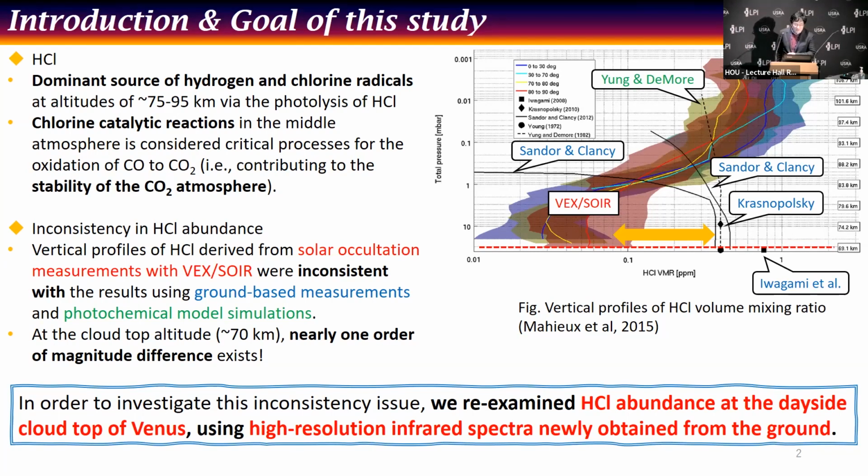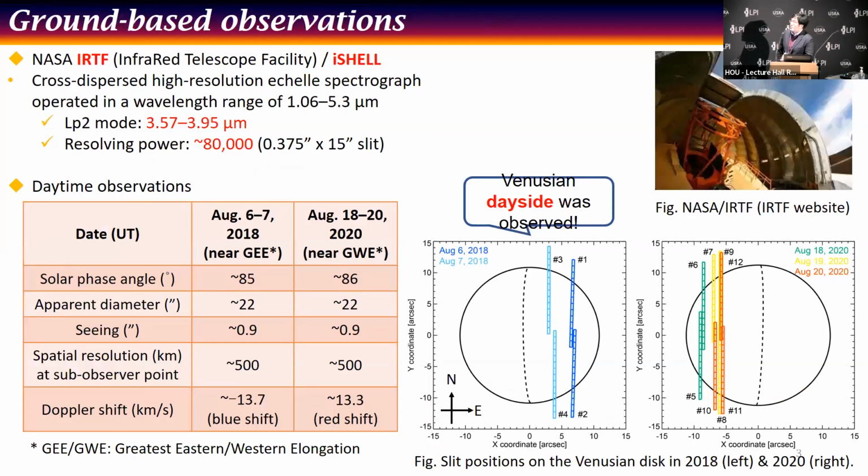So in this work, in order to investigate this inconsistency issue, we re-examined HCl abundance at the dayside cloud top of Venus using newly obtained ground-based high-resolution infrared spectra. We used a cross-dispersed high-resolution spectrograph named iSHELL mounted on IRTF, and we selected the LP2 mode.